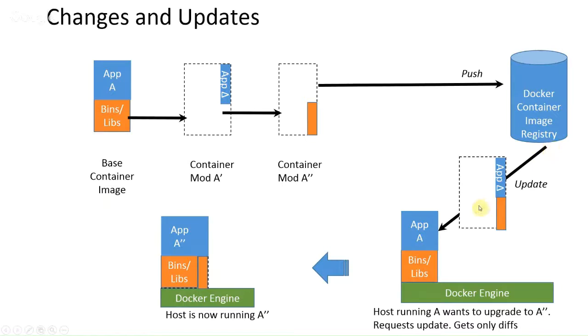And when you update the container or pull the container to another host machine, it will only update the things that you have updated if it has the previous one. And now the second host is running container A double dash.